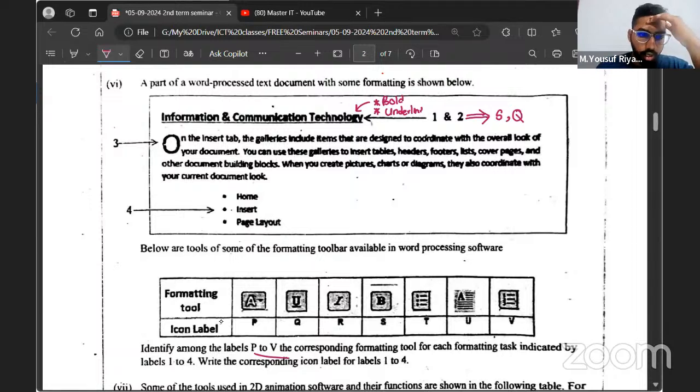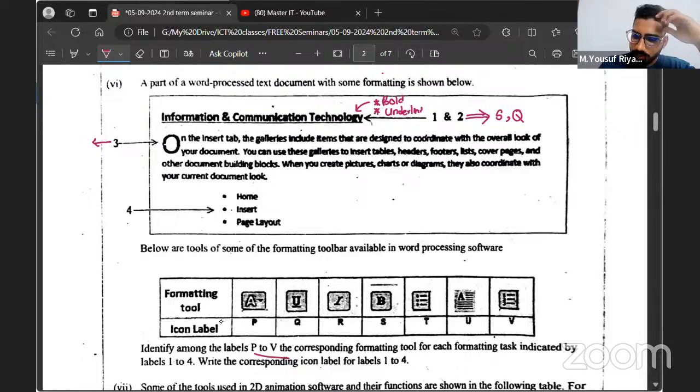Next, on the insert tab. They have given a paragraph. In the paragraph, the first letter you can see, we call it hanging indentation. It comes under one part of indentation. Like the first letter, I forgot the exact name of it. But you can do number three using which tool? Text wrapping.